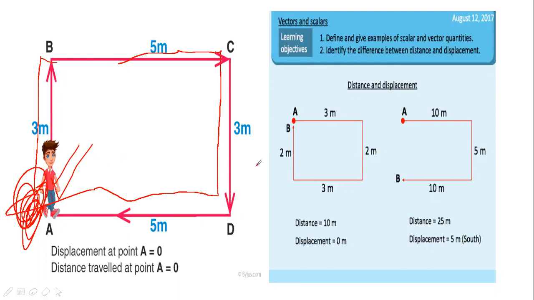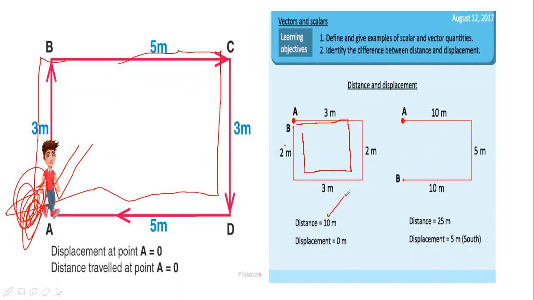In this case, the body starts from A, covering 3 meter, then 2 meter, then 3 meter, then 2 meter. So it will become 3, 6, 7, 8, 9, 10.